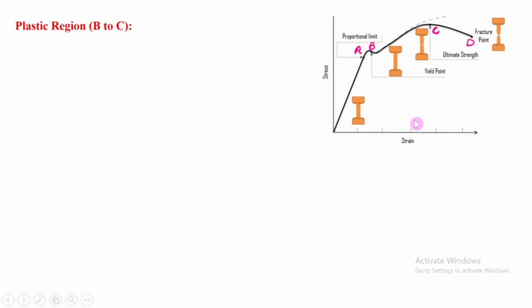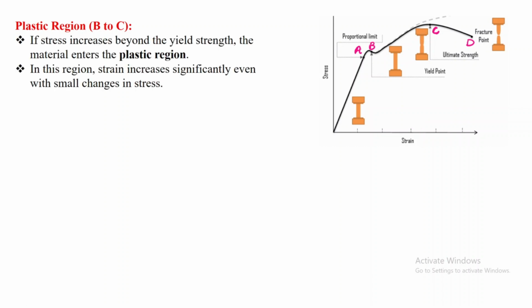Now, what is the plastic region? Beyond this point B, the plastic region begins. B is the last limit of the elasticity, therefore we call it the elastic limit.